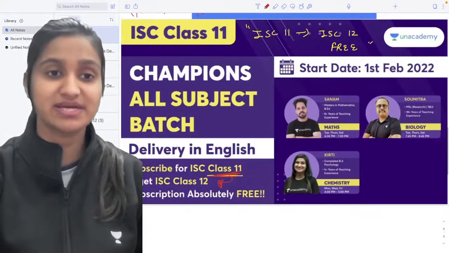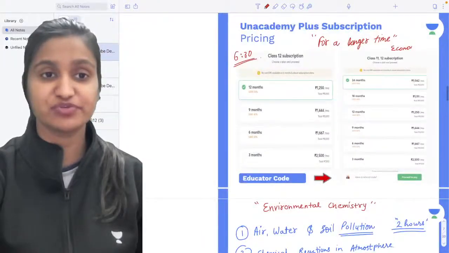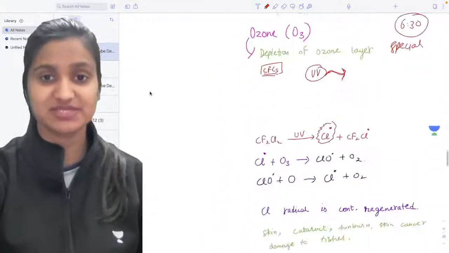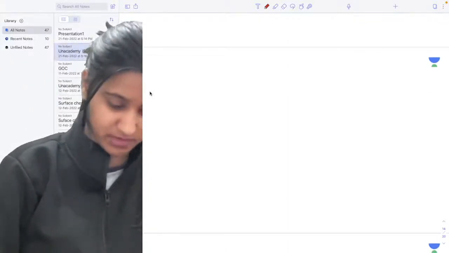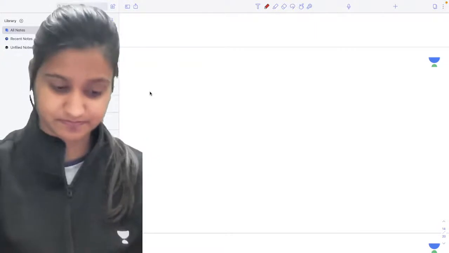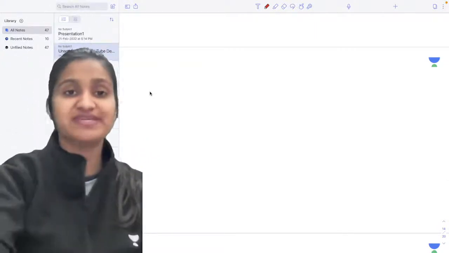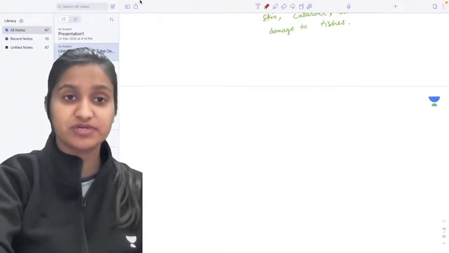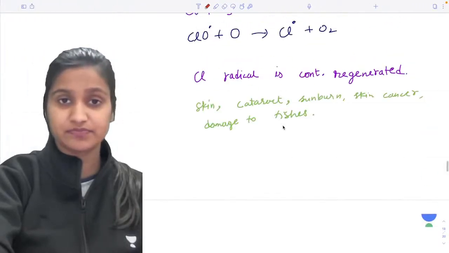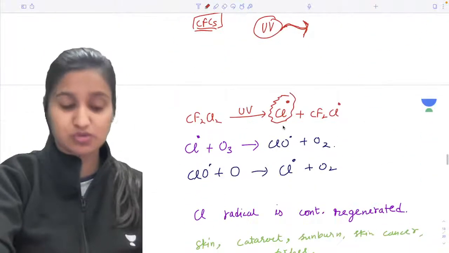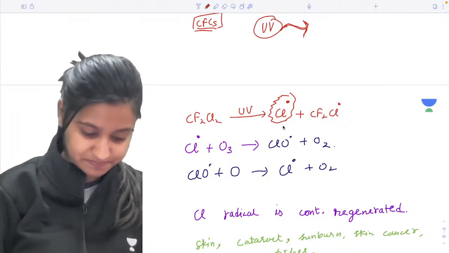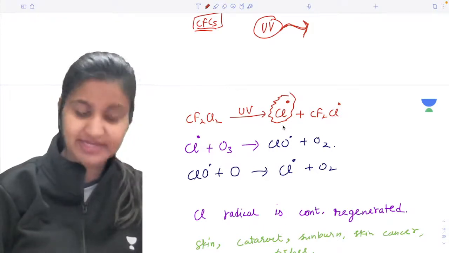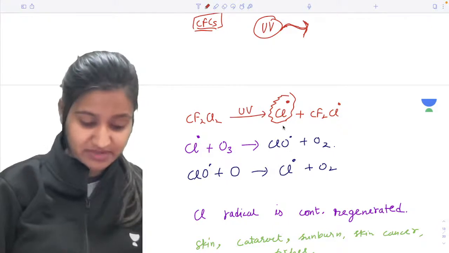So yeah, these are the things which are available for you. You can see here. ठीक है? Now let's move ahead. What were we discussing? We were discussing the ozone layer depletion, right? इफेक्ट्स हम लोगों ने देख लिए. वाटर पोल्यूशन हमको पता है, राइट?